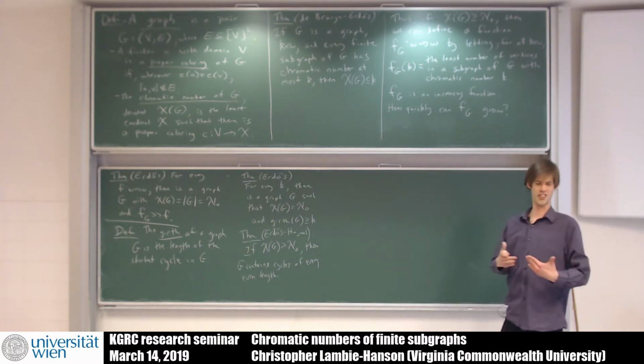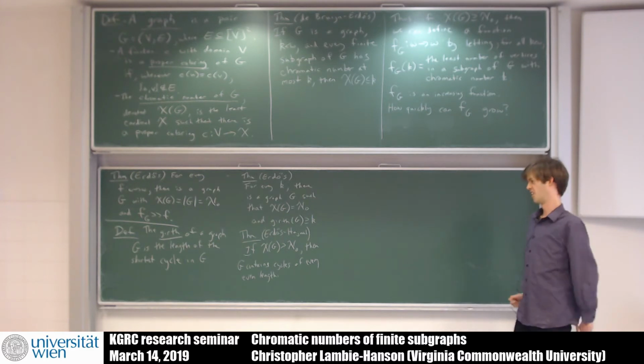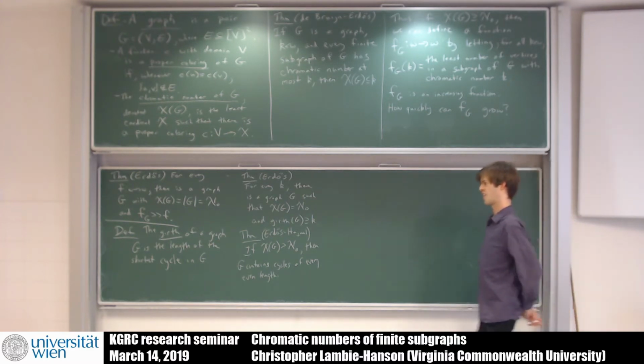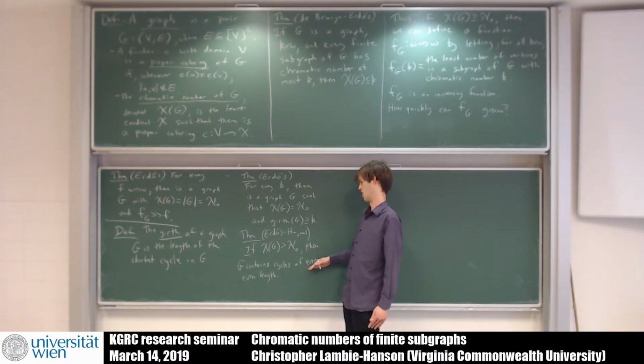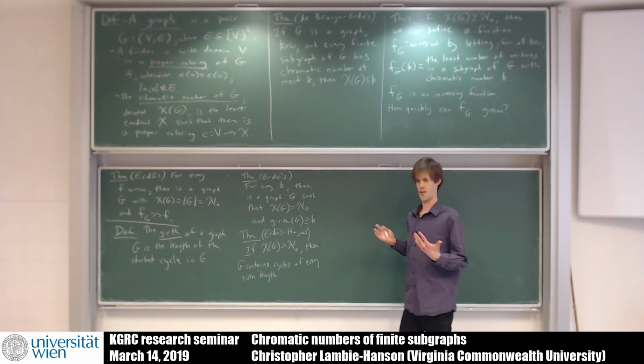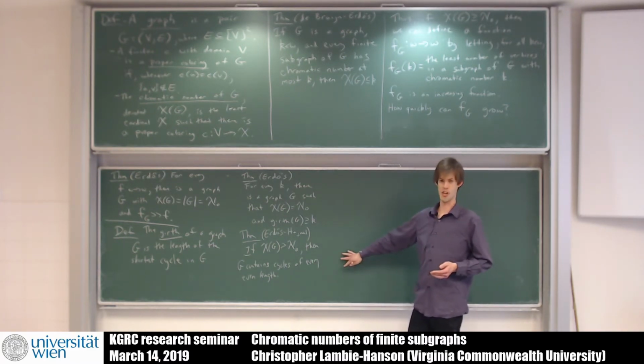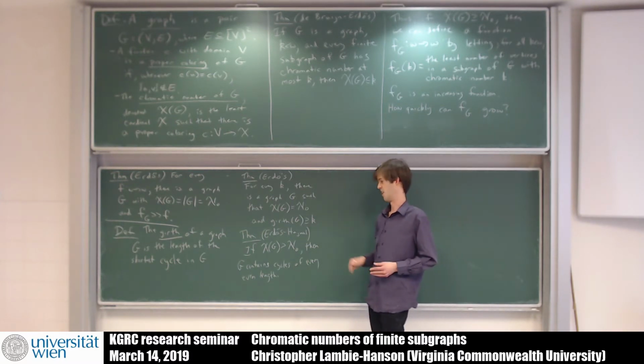And it contains odd cycles from some point on, right? So all of a sudden, going just from aleph 0 to aleph 1 chromatic number, there are certain very simple subgraphs that must appear there that might not have appeared earlier, right?